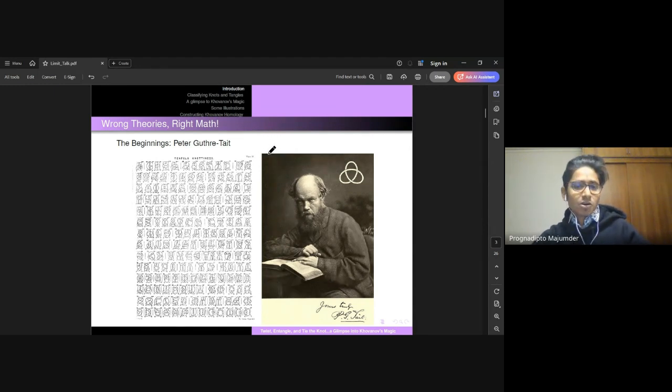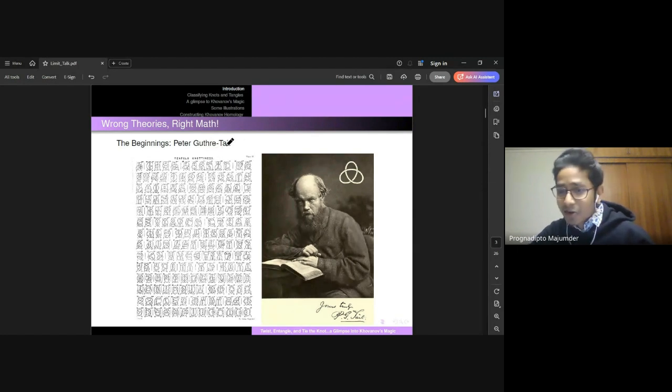They used to say that all the molecules look like knots of strings entangled in some way, and each of them represents a molecule. So what he wanted was to build some kind of periodic table, and that's why he tried to tabulate these knots. We don't care that it was physically a wrong theory. This was one of the most important things in the history of knot theory and topology.